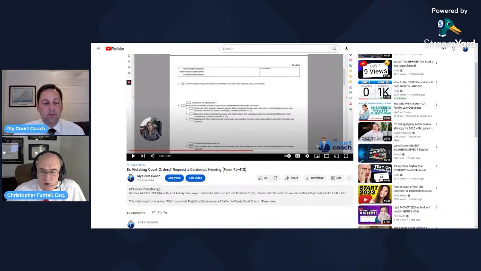For each one of those counts, it would say there was an order, it was in writing, the person was served with it, here's a copy of the proof of service. The order or portion of the order specifically said, fill in the blank. And then the next line would be the citee violated that order when they specifically did this. And I would do that for each and every count of contempt.